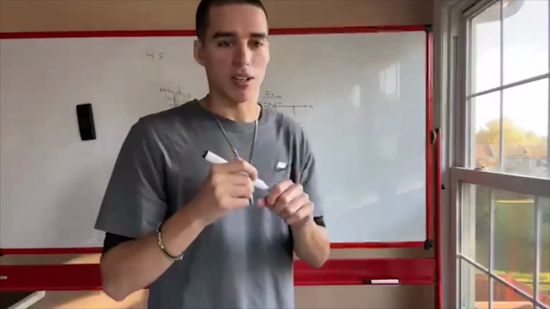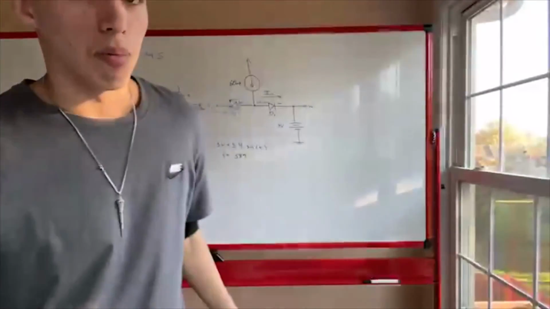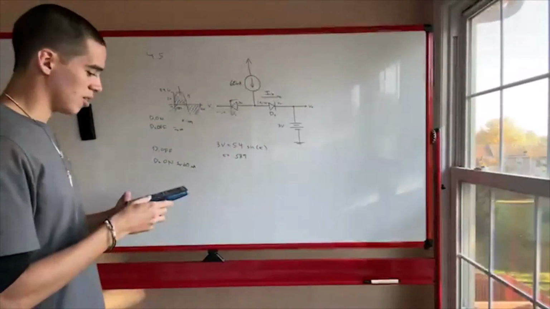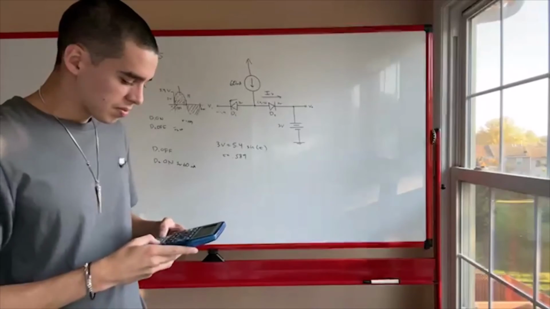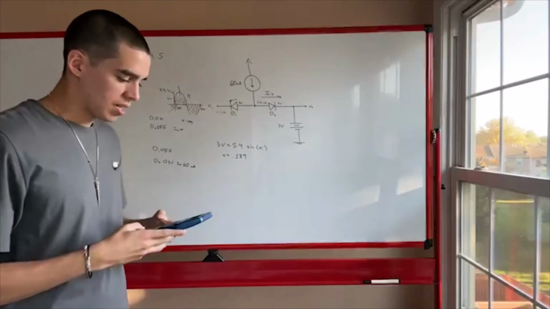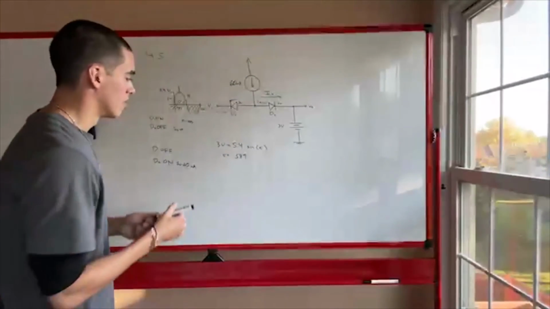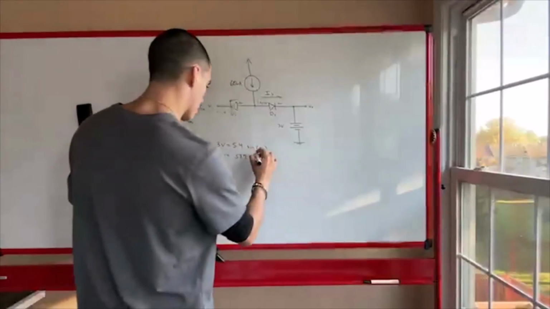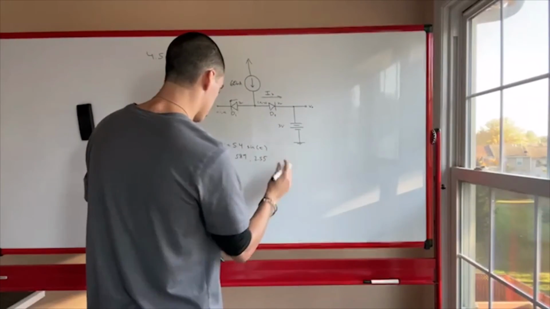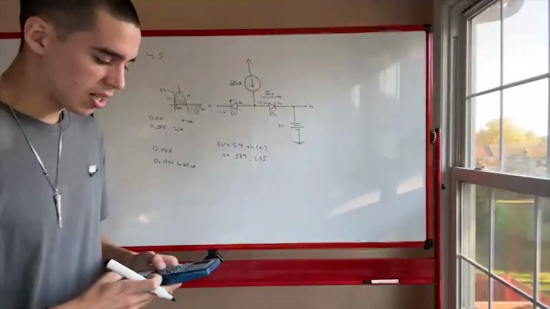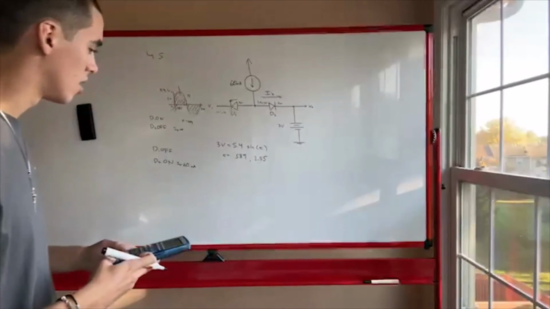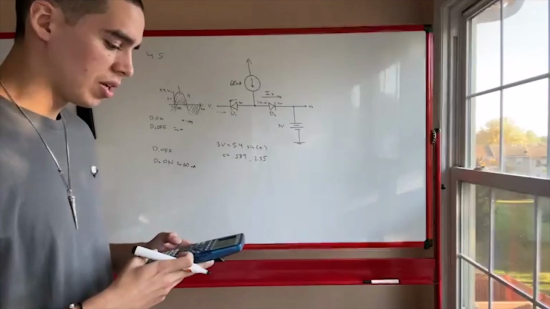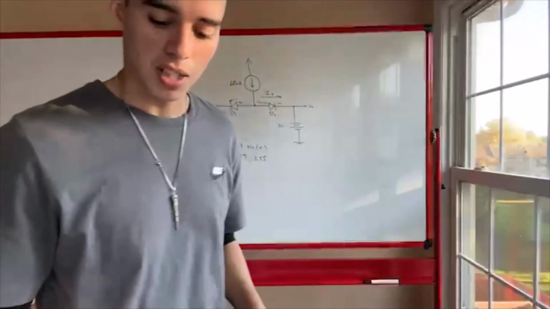Am I a genius or no? Who knows? Let's see. Pi minus 0.589 is about 2.55, it's 2.5525. So how about that? Let's run that sine times 5.4. Yeah, it's 3. Oh my god, I'm a genius.